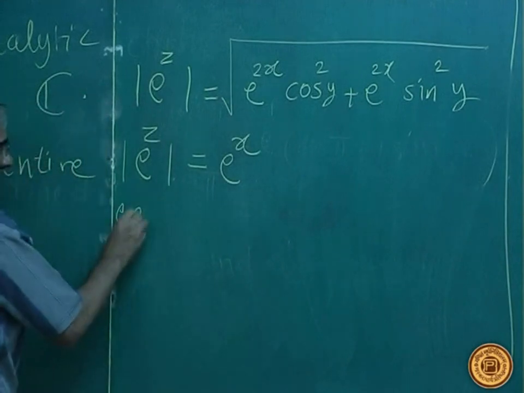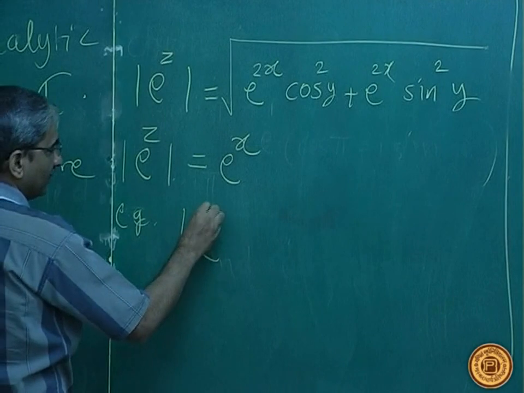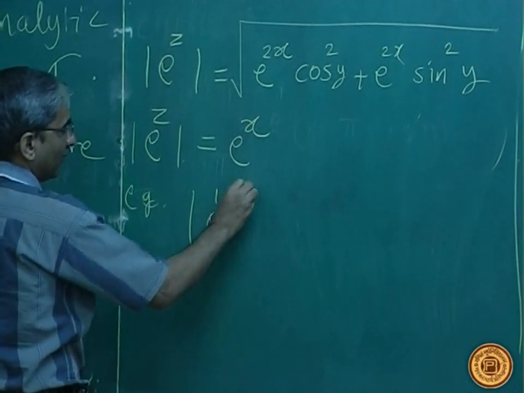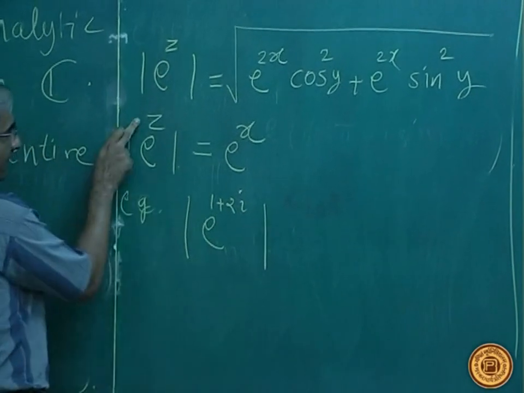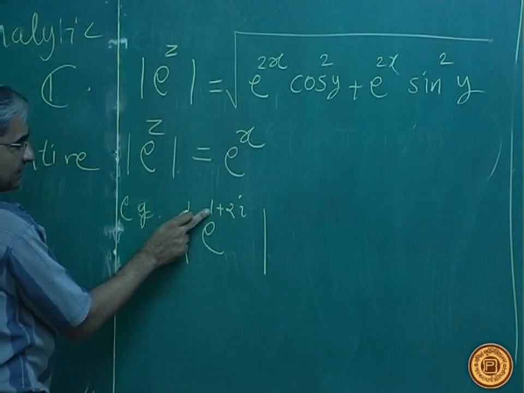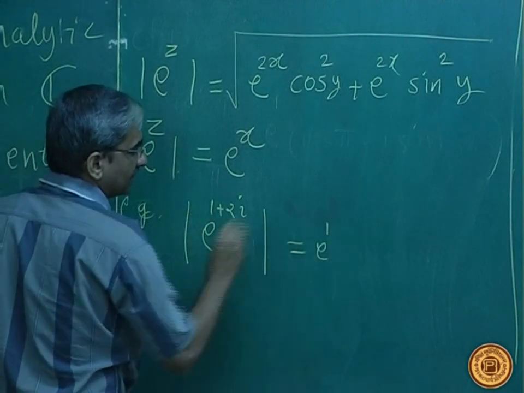So for example, if you have mod of e to the power 1 plus 2i, so z is 1 plus 2i. So what is x? x is 1. So mod of this is e to the power 1, that is e.